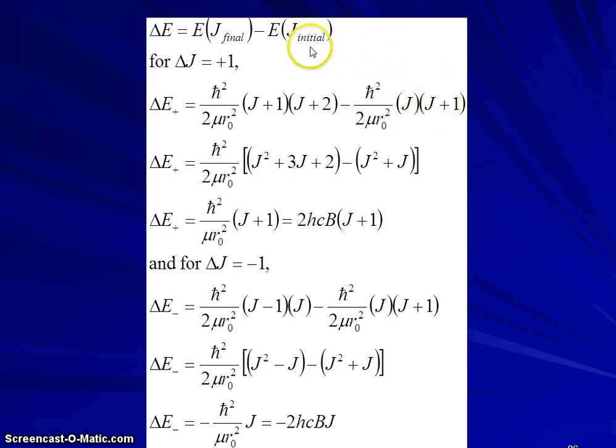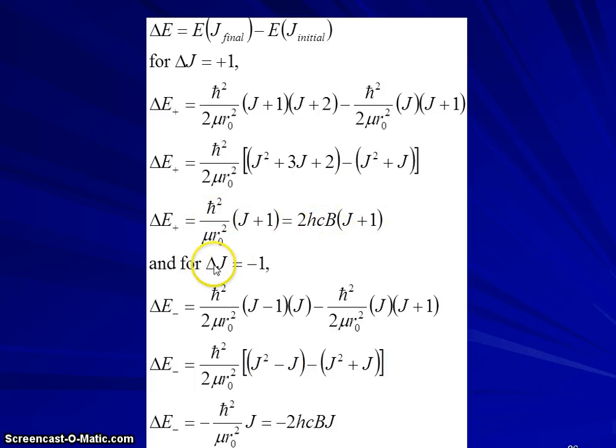So moving to the next energy level up would add 1 to each of these expressions. We FOIL, we distribute, and then we can factor out this constant fraction to the front. We take the difference between these two expressions and we get J plus 1. And then we can substitute beta in, and we get exactly what we promised.